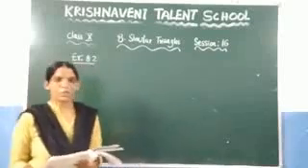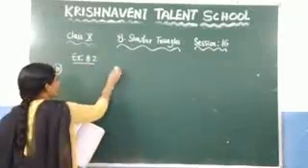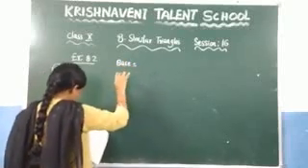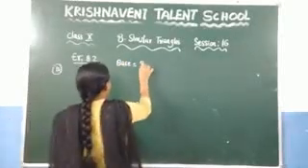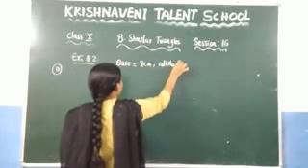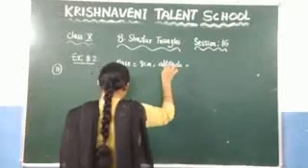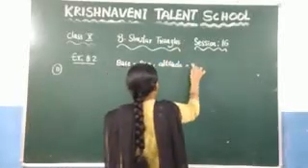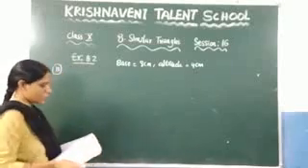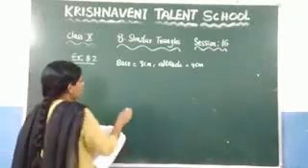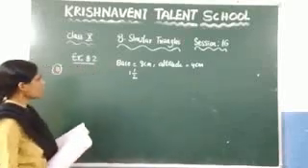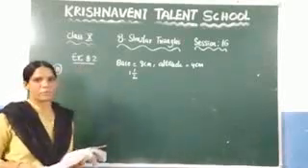So here what we need to do, you need to draw the triangle by taking the base, how much? 8 centimeters, and they have given the altitude which is 4 centimeters. So these are the measurements they have given to construct the triangle, and you need to draw the similar triangle by taking the corresponding sides ratio as 1/2.